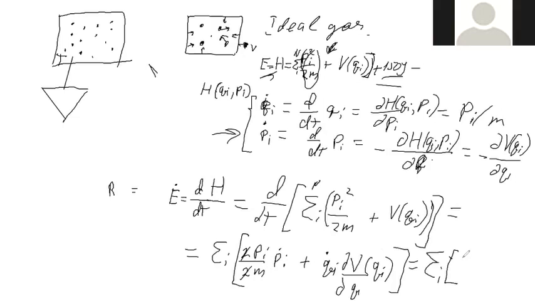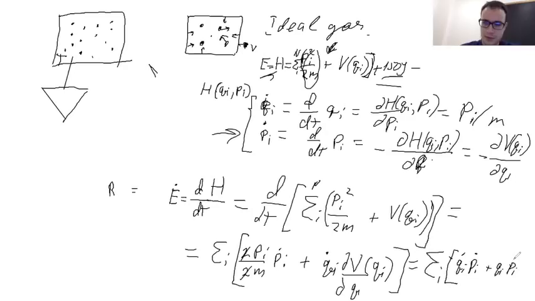Qi dot, yes, Qi dot. Qi dot pi dot. And here, second term, what is the second term? Plus Qi dot pi dot. I think you have minus. Yeah, exactly. That's what is important.